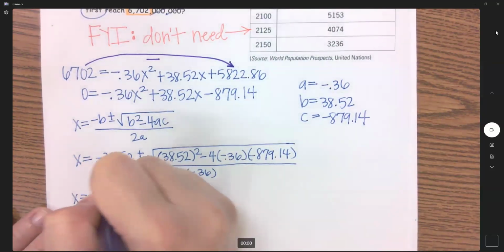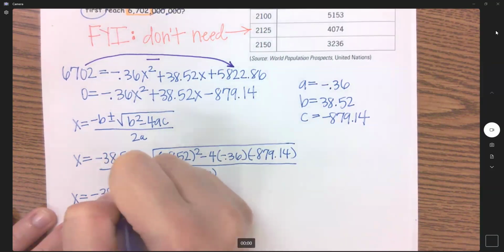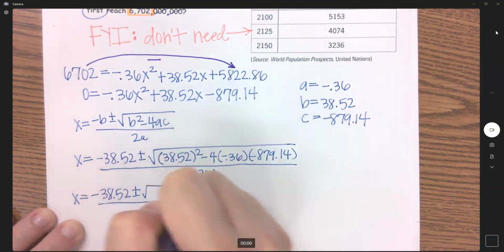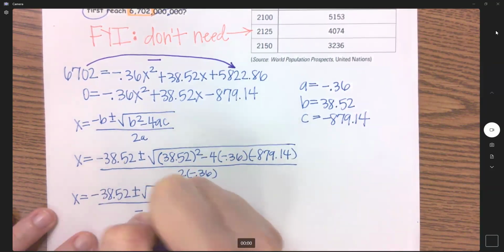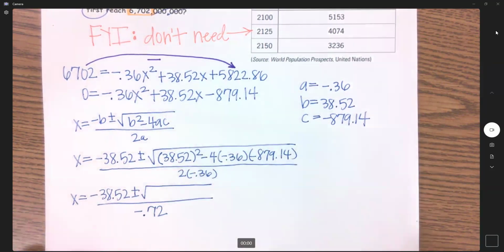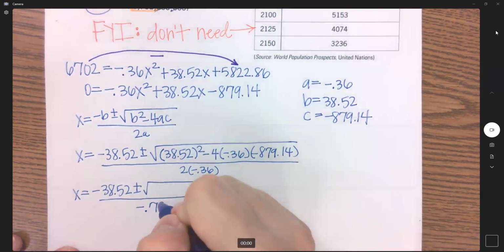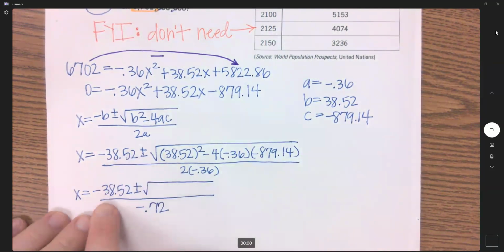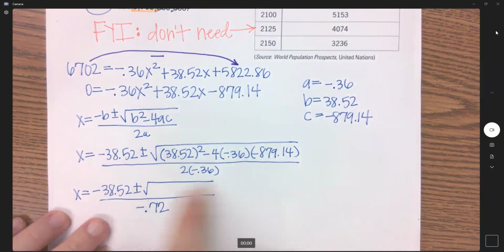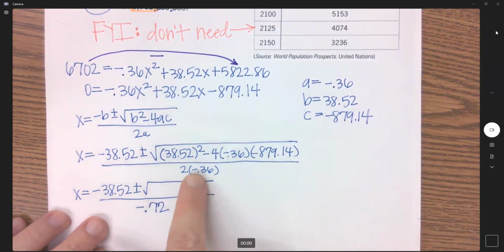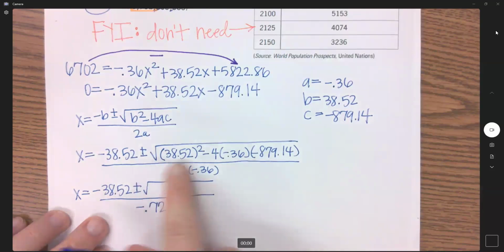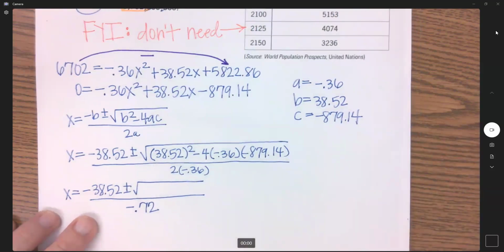Okay. So clean that up. My negative 38.52 comes down. My plus or minus comes down and I have the square root of something all over 2 times negative 0.36, which is negative 0.72. So let's put in what's under that radical to see what we get here.